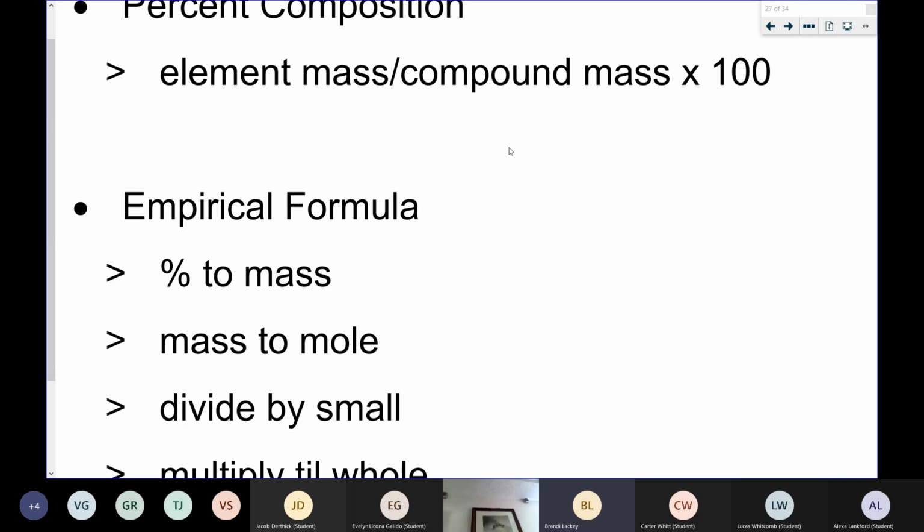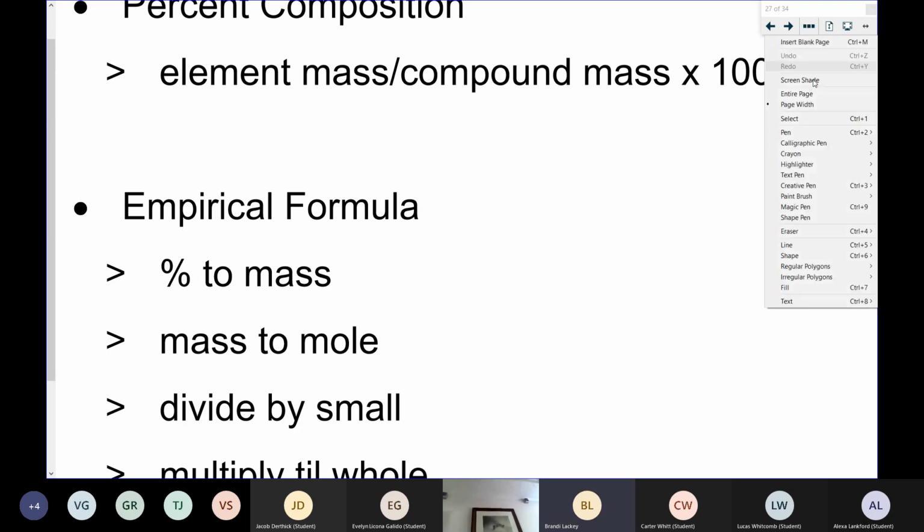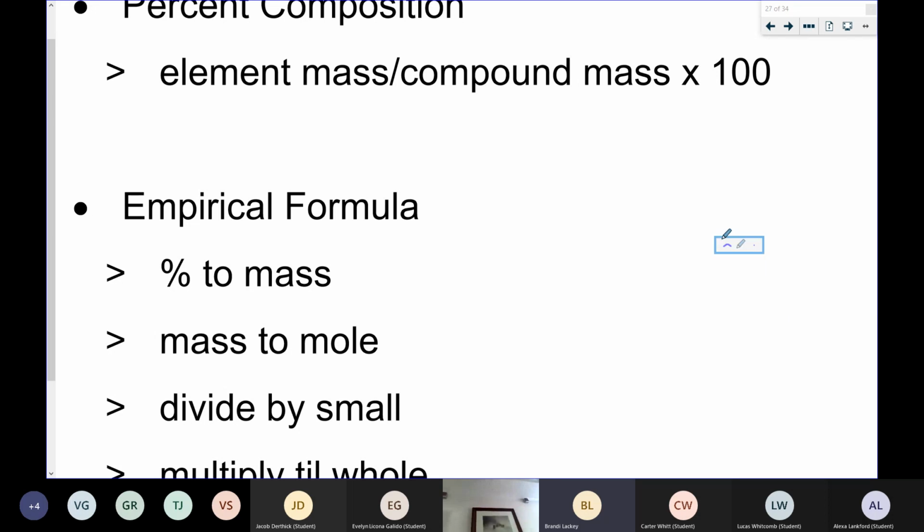So remember, an empirical formula, and I didn't click on my pen, it's that reduced formula. So it's going to be that lowest whole number ratio formula where the subscripts are not divisible by the same number. So the steps for finding an empirical formula was POEM: percent to mass, mass to mole, divide by small, multiply till whole.